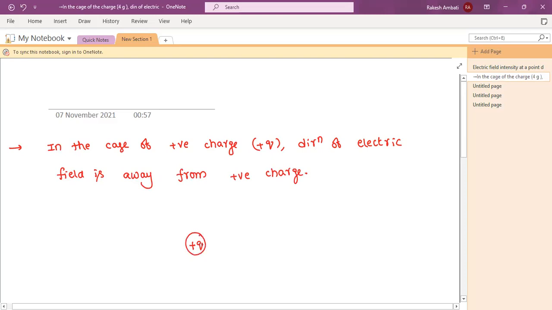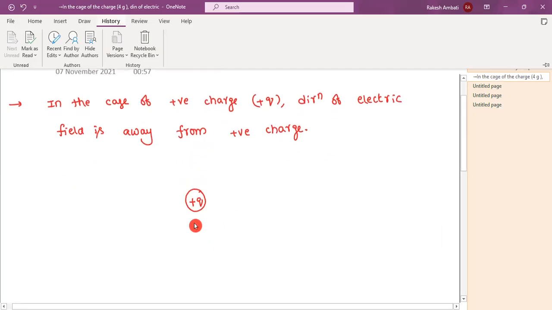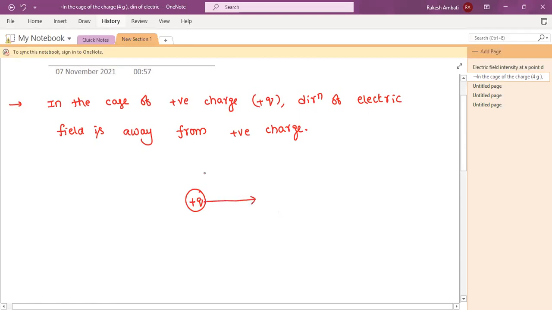This positively charged particle produces an electric field. What is the direction of the electric field? In the case of positive charge, the direction of the electric field is away from the positive charge.